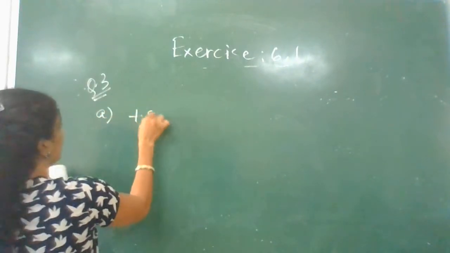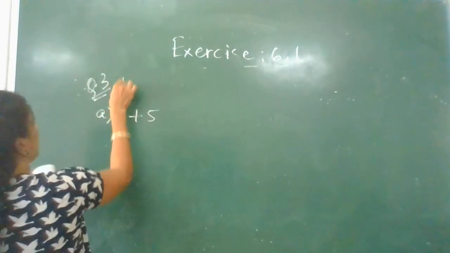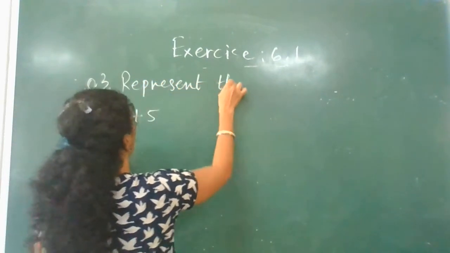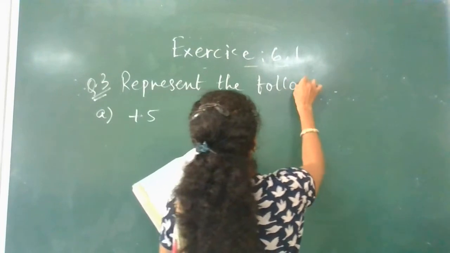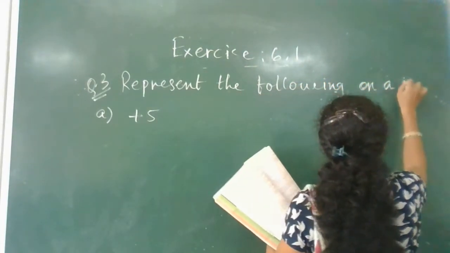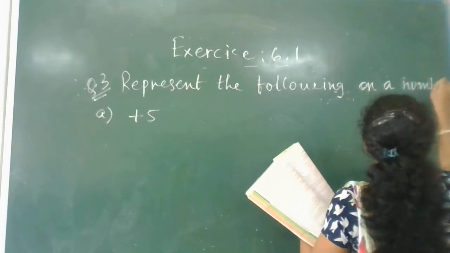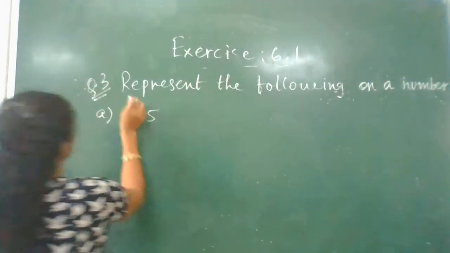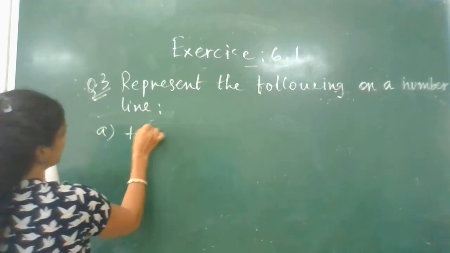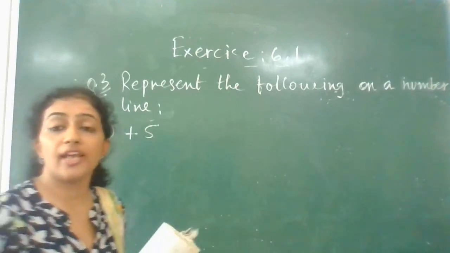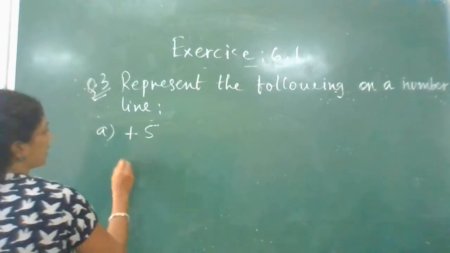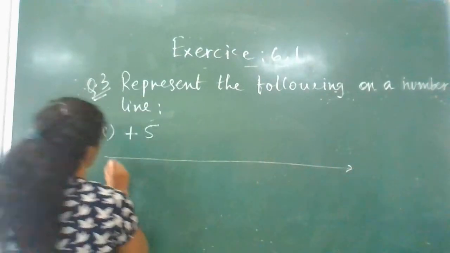Question 3, A is plus 5. Represent the following on a number line. So A is plus 5. For each and every number you have to draw a number line, as I have said. Here is a number line.